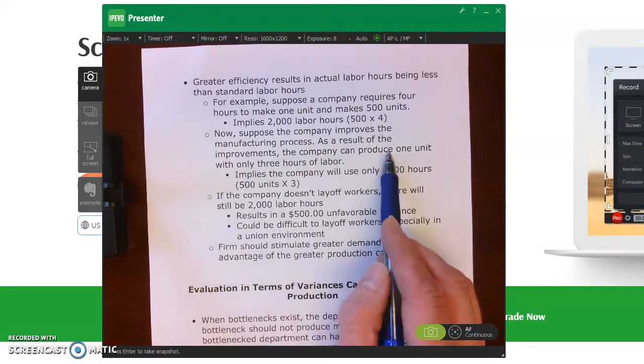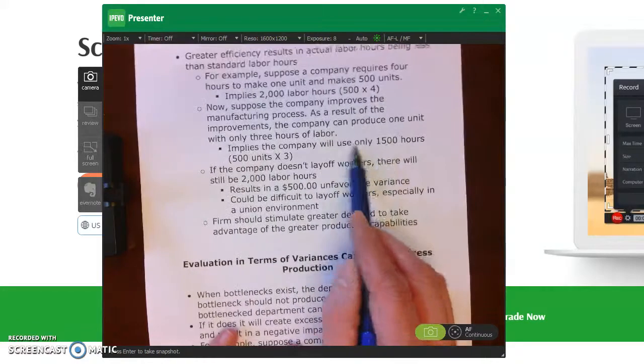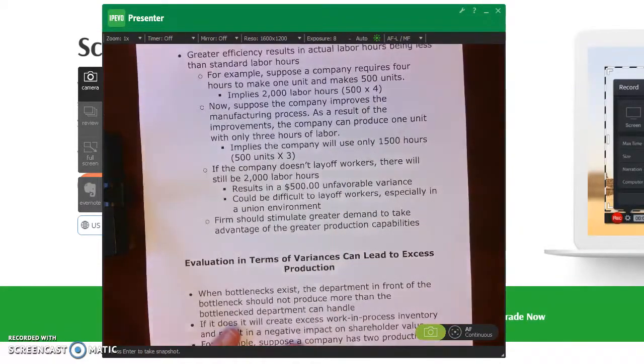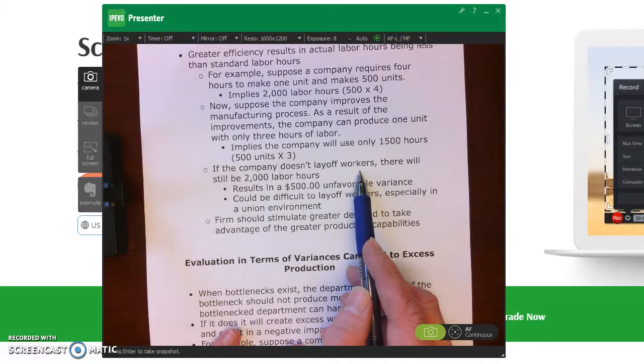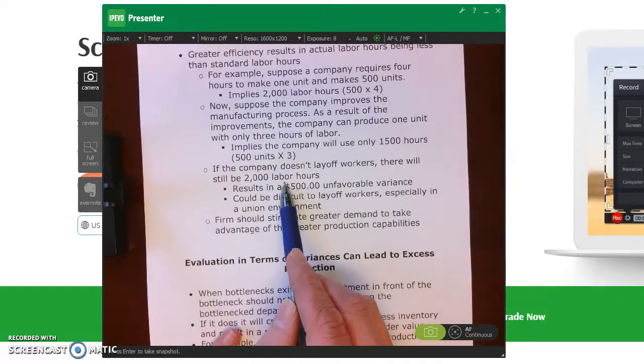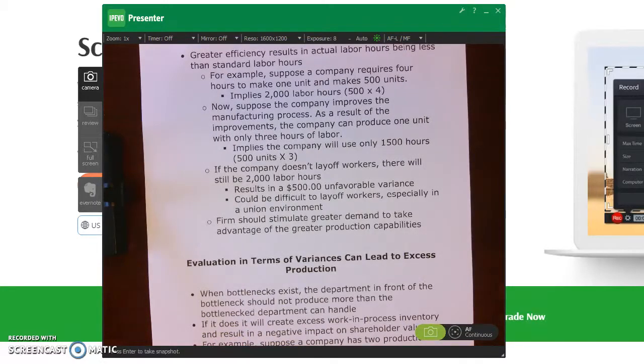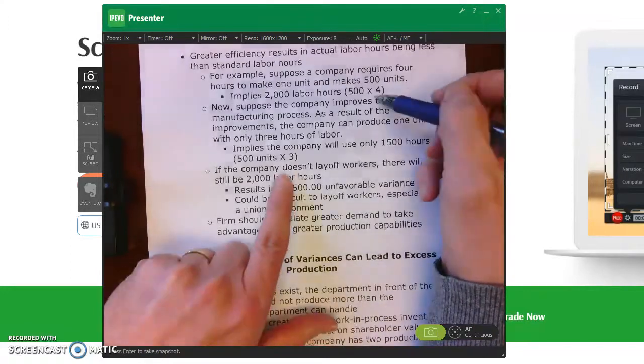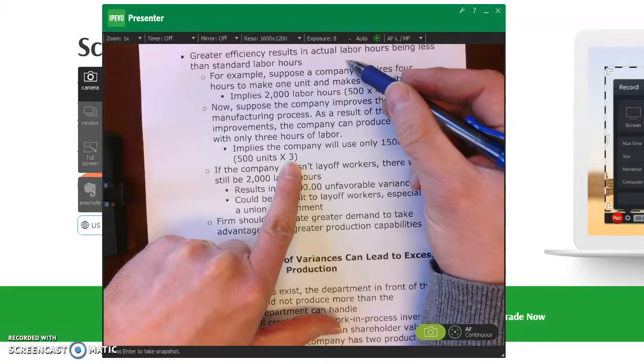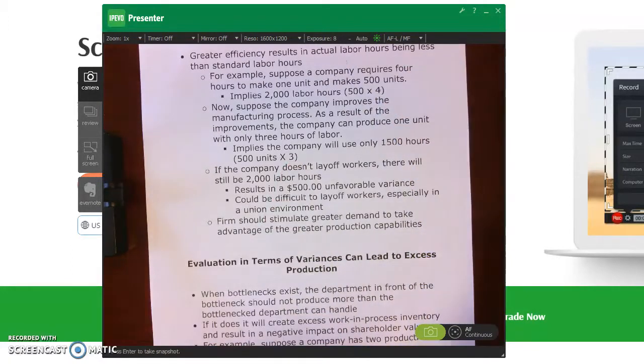As a result, the company can produce with only 3 hours. That implies that they will use 1,500 hours. If the company doesn't lay off workers, though, there'll still be 2,000 labor hours. So we're assuming basically they can't reduce the labor, right? Maybe because of a union situation, even though you have this process improvement, it doesn't help you.